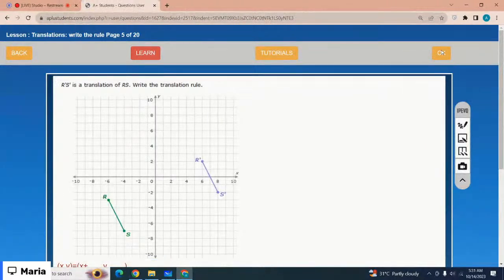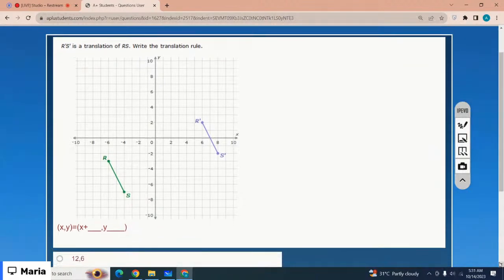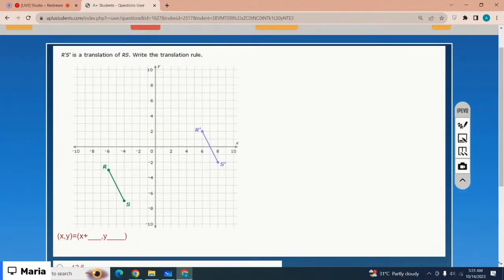R dash S dash is the translation of RS. Write the translation rule. Okay, so you moved right. How much right? 4 and 8, 12 right.